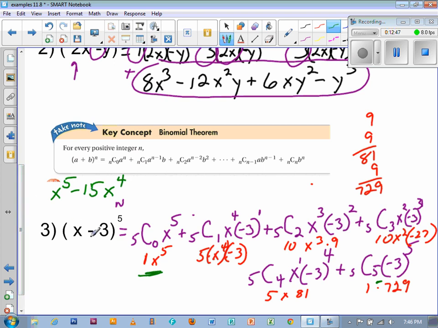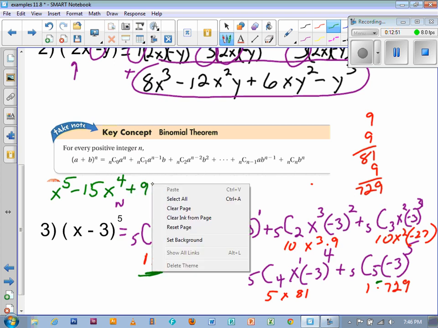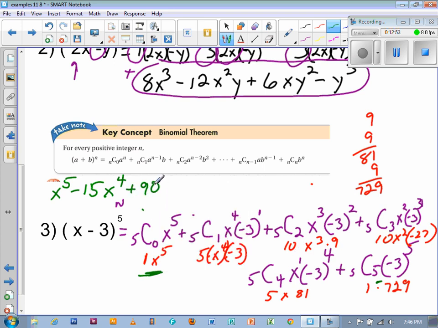The third term would be 90x to the third. The next term would be a negative 27 times 10, which is a negative 270x squared. And then we've got an x here.